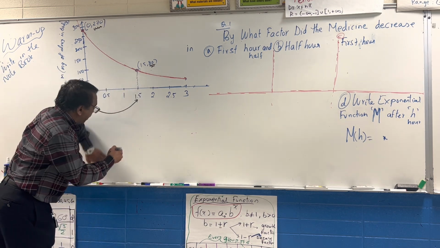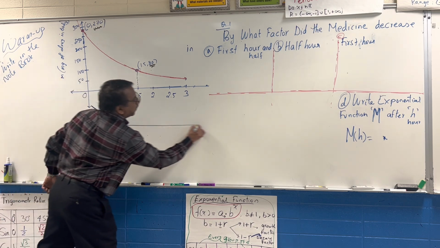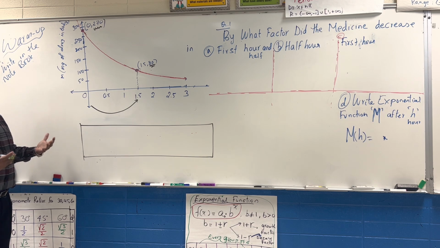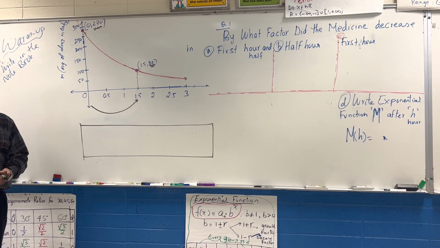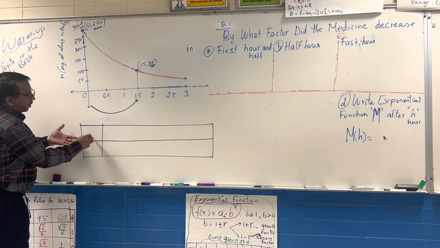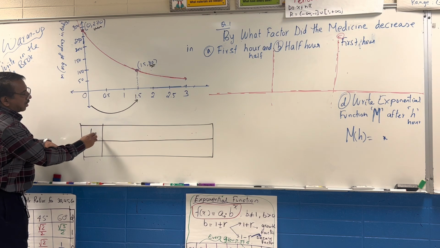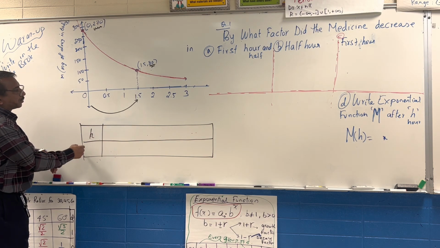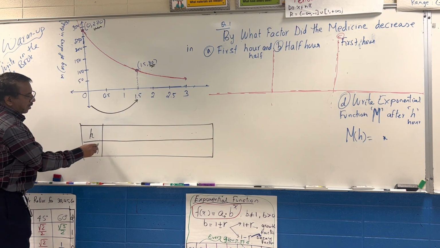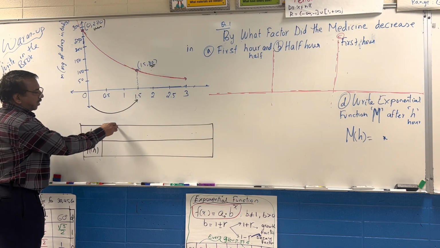So it's always better to also make a table. Can you guys always do this table as fast as possible? Just for visuals, this table is not even needed actually, but I like to show the input and output. So this is the number of hours that have passed, and this is M, how much medicine is remaining.